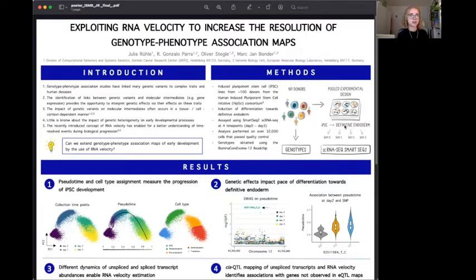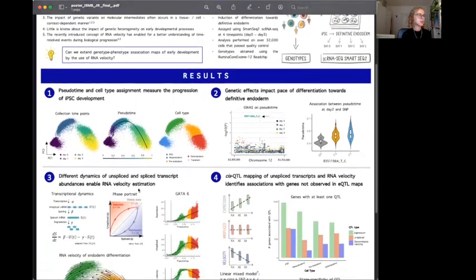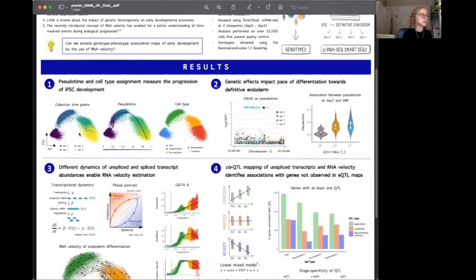Then the cells were sequenced using single cell RNA sequencing at day 0, so before induction, and then at day 1, day 2, and day 3 after differentiation was induced. Here you can see the principal component analysis of the expression space of the cells colored according to the time point of collection, starting from day 0, day 1, day 2, day 3.